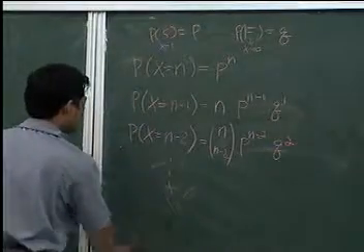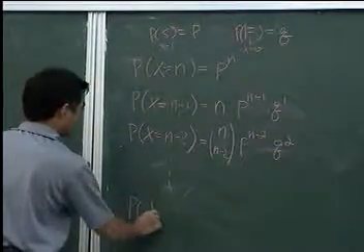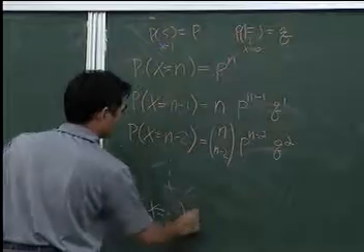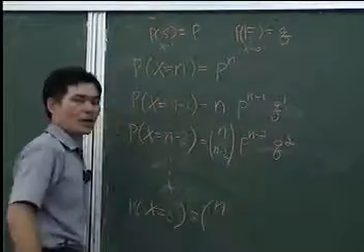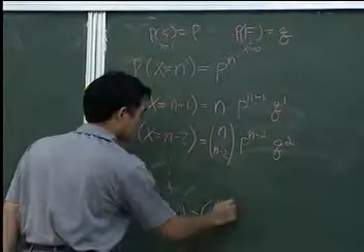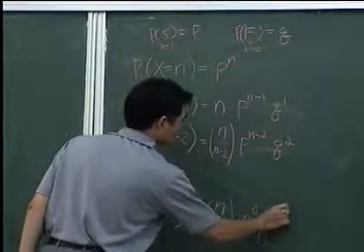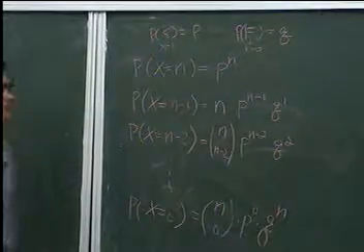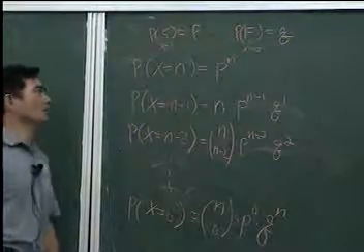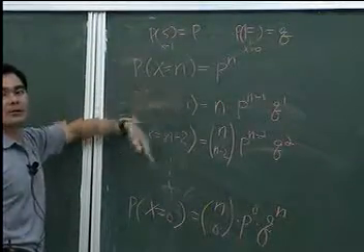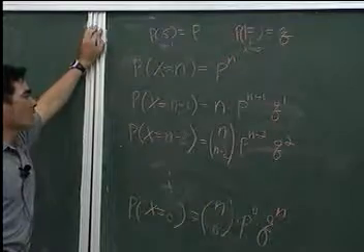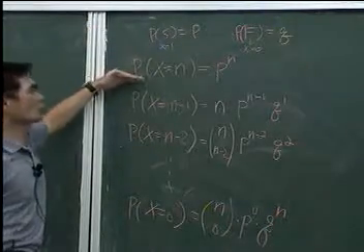The same thing here: if x is equal to 0, then you have n trials, you don't get any success, and this is p to the 0 times q to the n. So basically, this is what we call the binomial distribution. The probability distribution function is here.